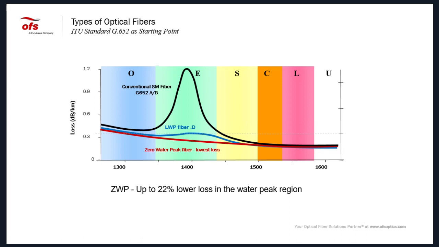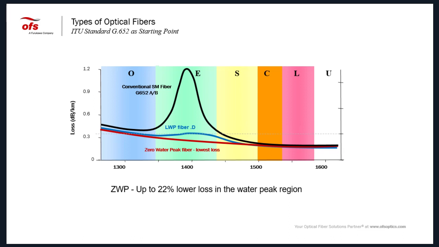But at OFS, we managed to mitigate this peak of attenuation. You can see here that our fiber, which is called zero water peak fiber, is the red curve. It's almost flat, even in the E band. We managed to mitigate this peak of attenuation inside the E band using our internal process.